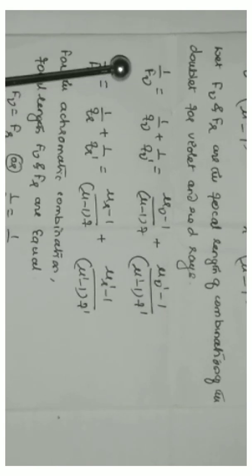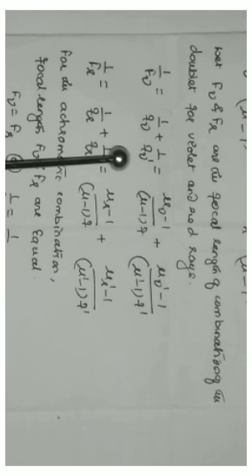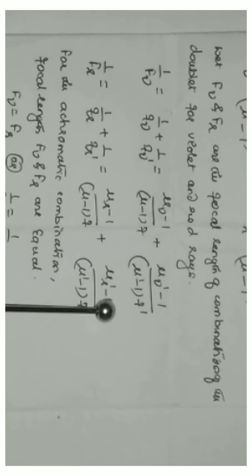And for the red color, 1/Fr, capital Fr, is equal to 1/Fr plus 1/Fr', that is equal to (μr - 1) by (μ - 1) into F plus (μ'r - 1) by (μ' - 1) into F'.